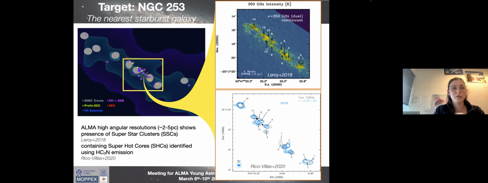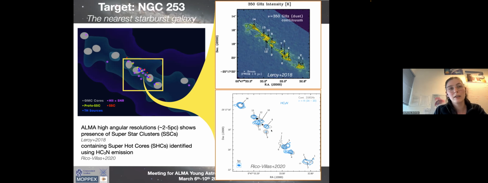And actually, there are recent studies that disentangled this inner part of the CMZ. So the 4 giant molecular clouds are actually decomposed into 14 super star clusters, which are all associated with hot cores, thanks to the analysis of HC3N.